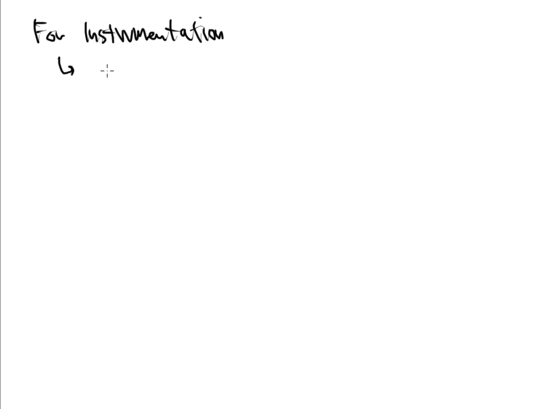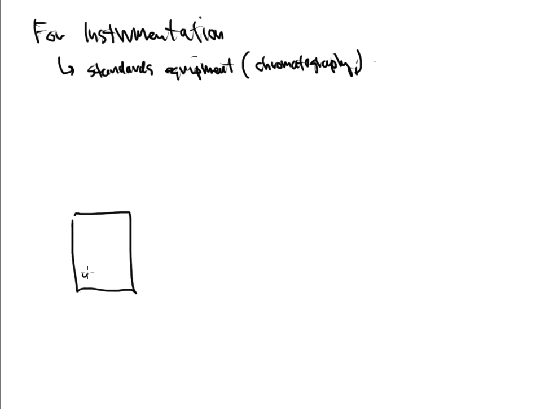So if you're running a set of standards on some type of equipment, and this equipment is typically any type of chromatography equipment in particular, you would need to have an internal standard in place. Okay, and here's why. Let's say that I make a set of standards and I have a tray and I put samples into the vials, and we call this an auto sampler tray.